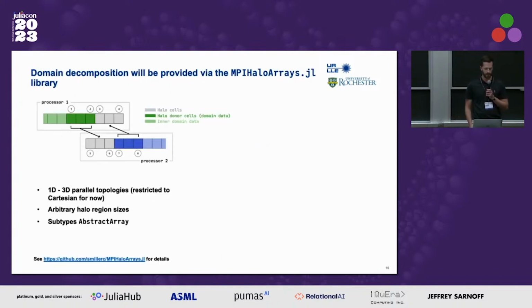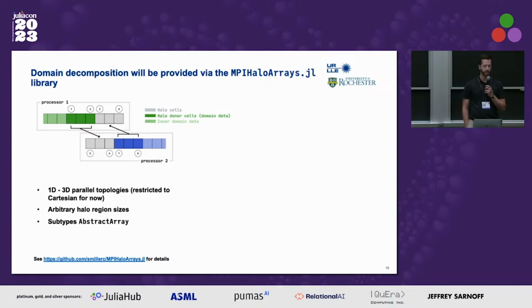Domain decomposition will be provided by the MPIHaloArrays.jl library. This is a registered package that I wrote about a year ago, and the basic goal of this is to make it easy to do halo exchanges for arrays of arbitrary size. And you can do this with 1D, 2D, or 3D parallel topologies.